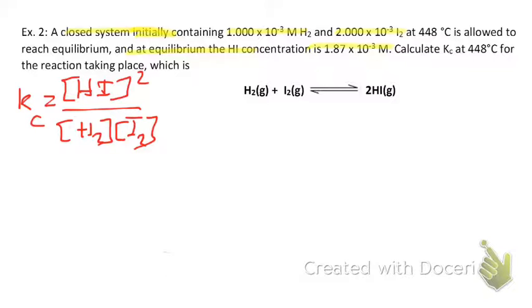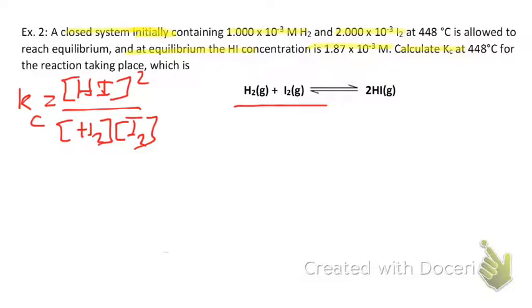So we need to calculate Kc, but we can't calculate it directly like we did in our first example problem, because we need to figure out the concentrations of H2 gas and I2 gas at equilibrium before we can do that. All right? So this is where ICE comes in handy.